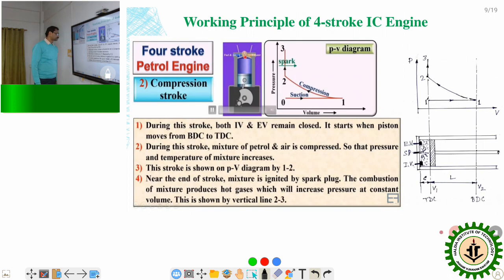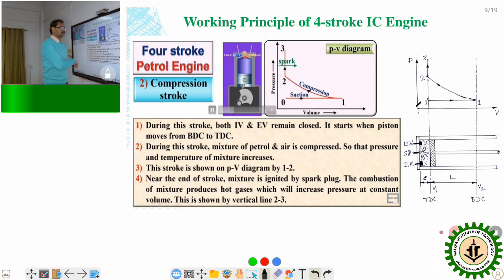Next, after the suction stroke 1 dash to 1, the compression stroke 1 to 2 will be there. Then the piston will move from bottom dead center to the top dead center.